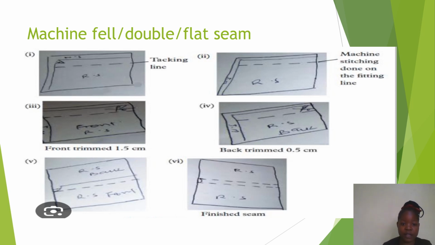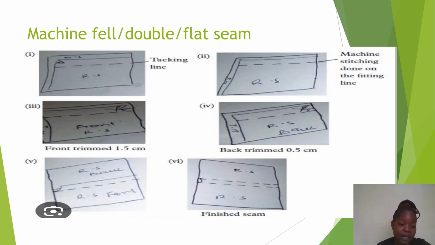Then the machine fell seam is also known as the double or flat seam. And procedure number 1, place together 2 pieces of fabric, right sides facing.